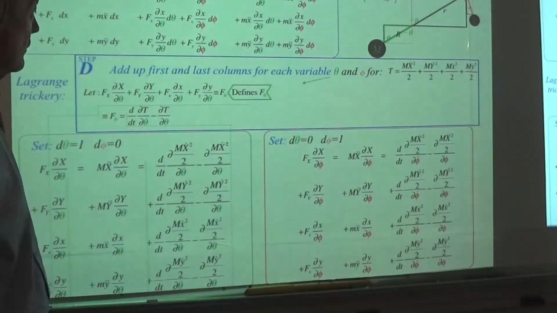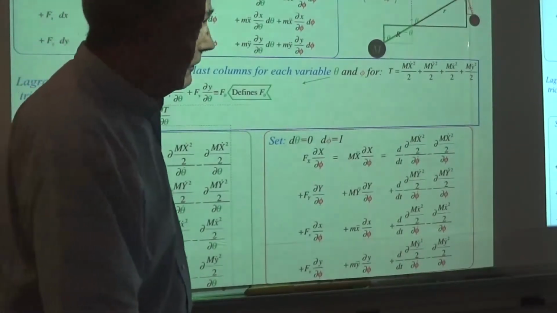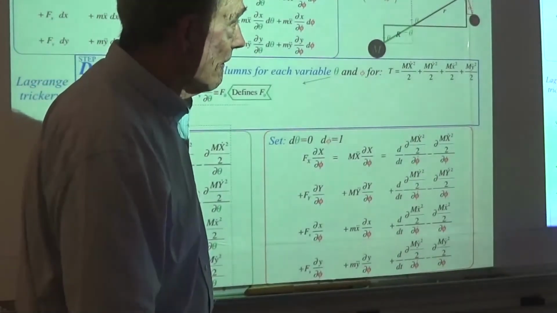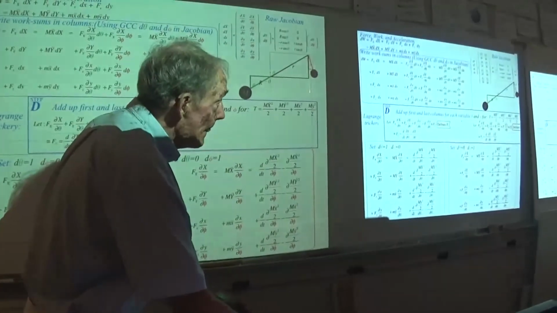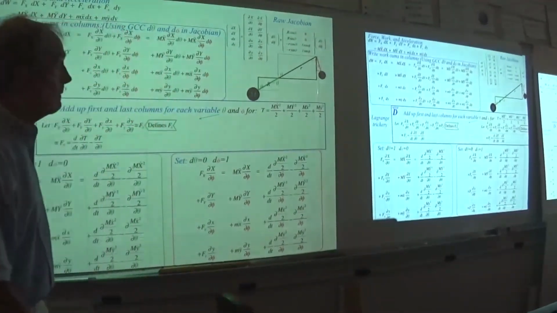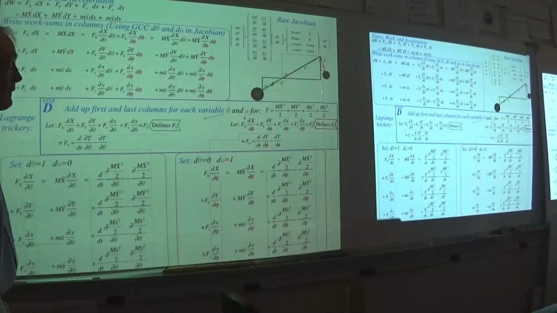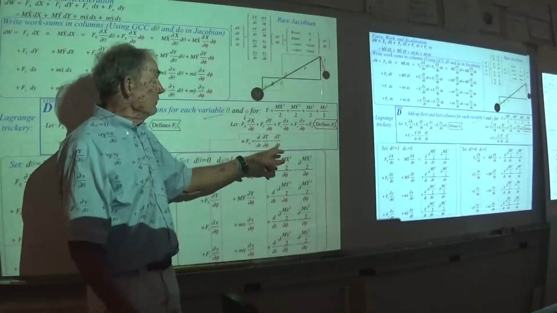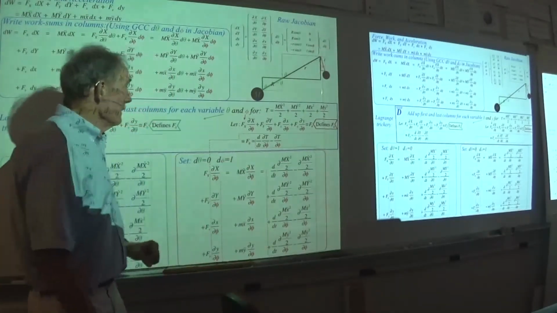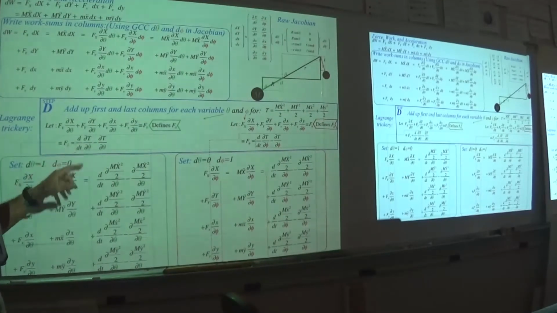and where we get what we're after, and that's the Lagrange equation for the theta. And just another step here, you get the phi. Okay. So that's it. That's the end of the Lagrangian trickery. We now have everything in terms of the GCC variable phi, everything in terms of the GCC variable theta.